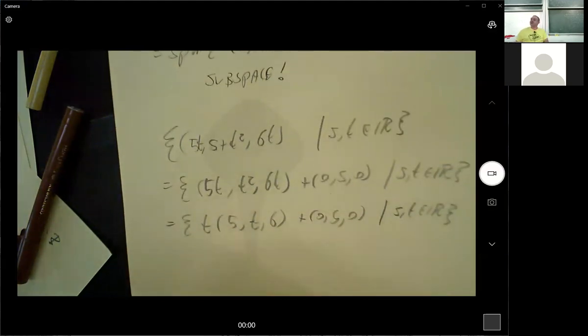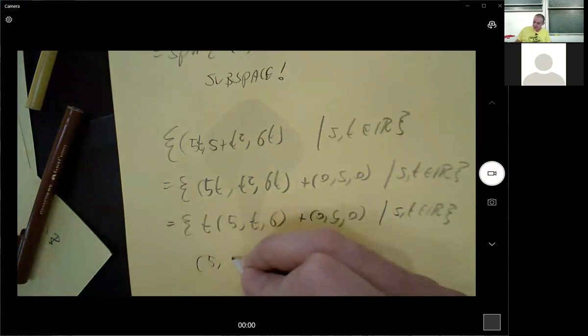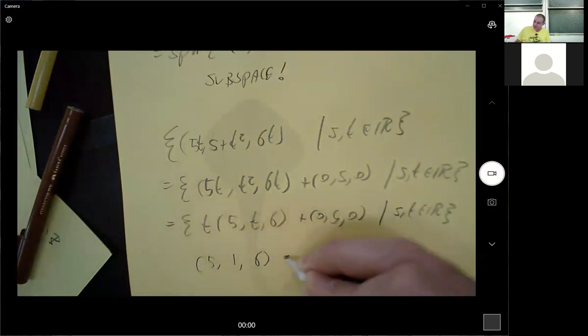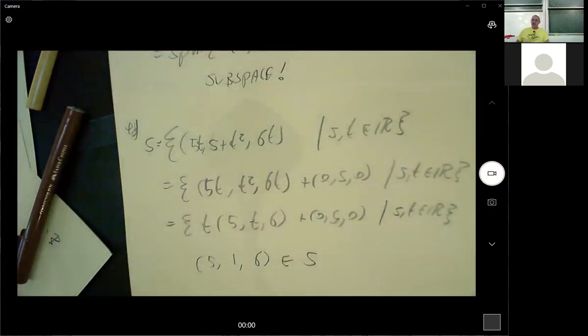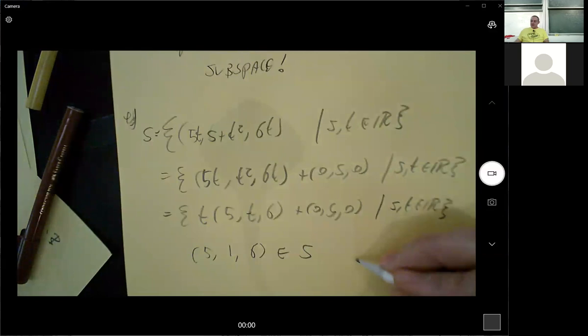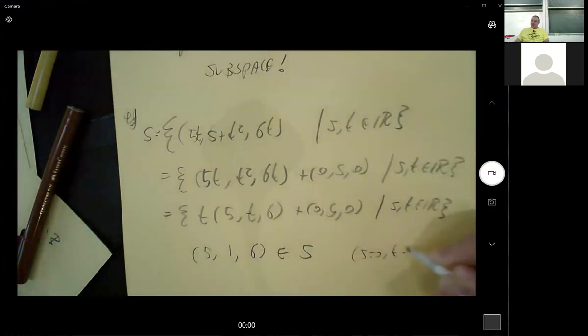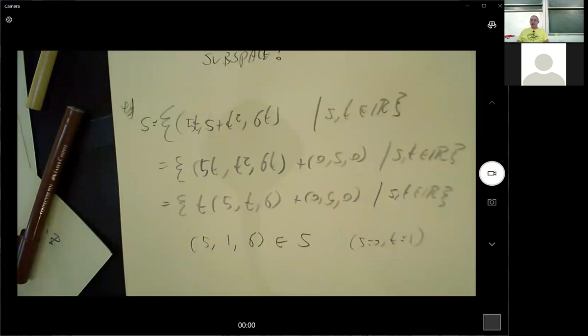I'm going to pick t equals 1. 5, 1, 6 is in this set. Because it's s equals 0 and t equals 1. And if I multiply that by 2, I would get this.